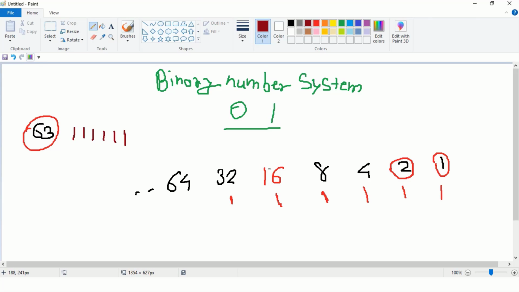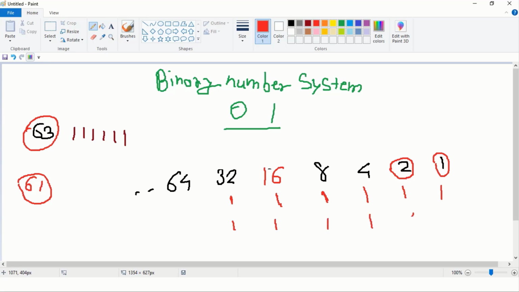Okay, suppose I want to represent number 61. How can I represent that? This number I want to represent using binary. Then simply I will take 32, 16, 8, 4.